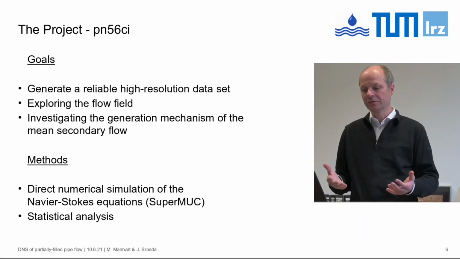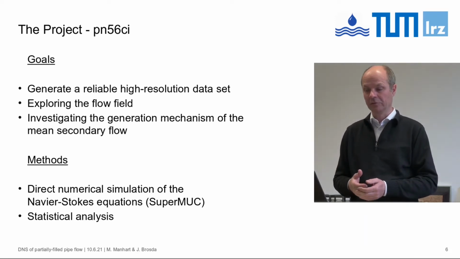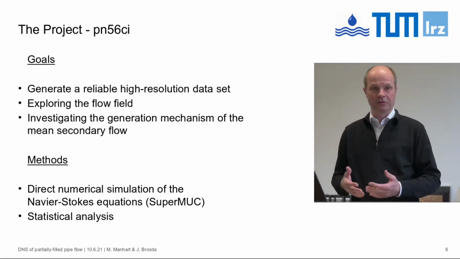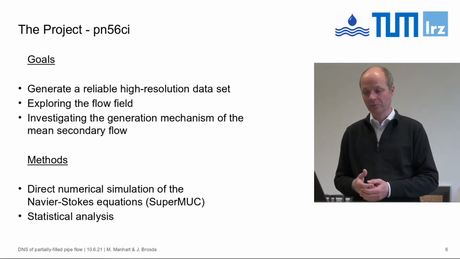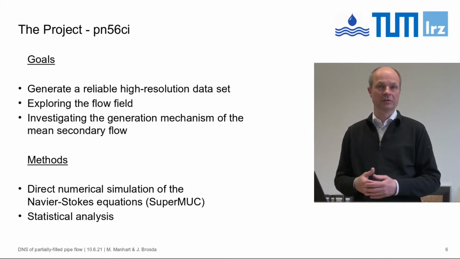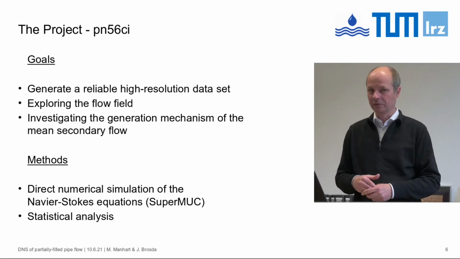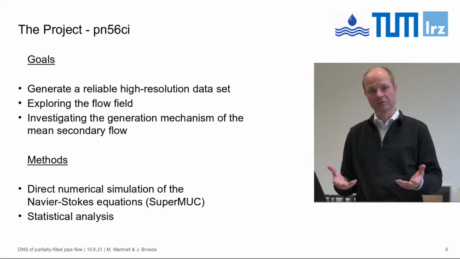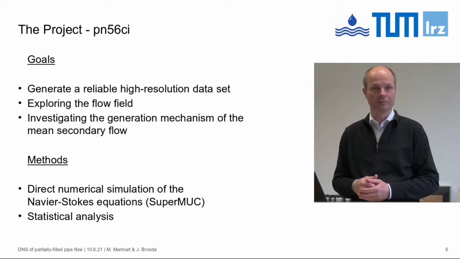We use the following methods. We perform a direct numerical simulation of the Navier-Stokes equations in this geometry. This is performed on the SuperMUC, and we do a statistical analysis of the respective physical processes which describe the generation mechanism of the secondary flow.